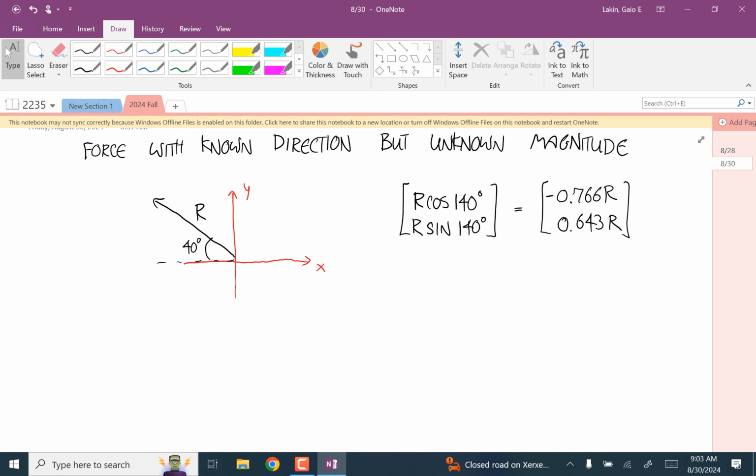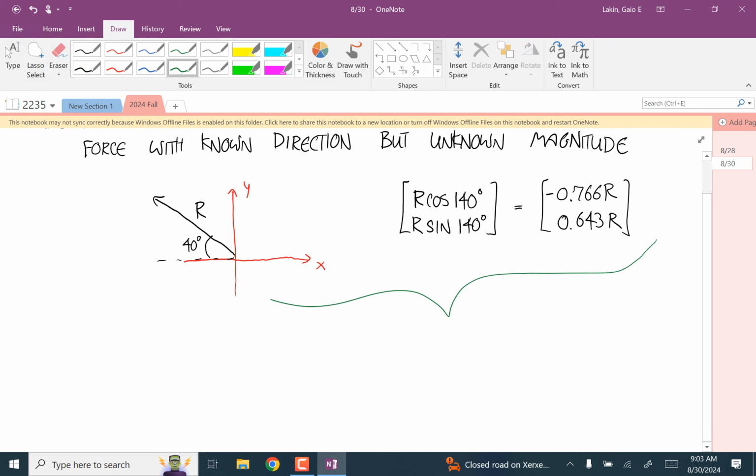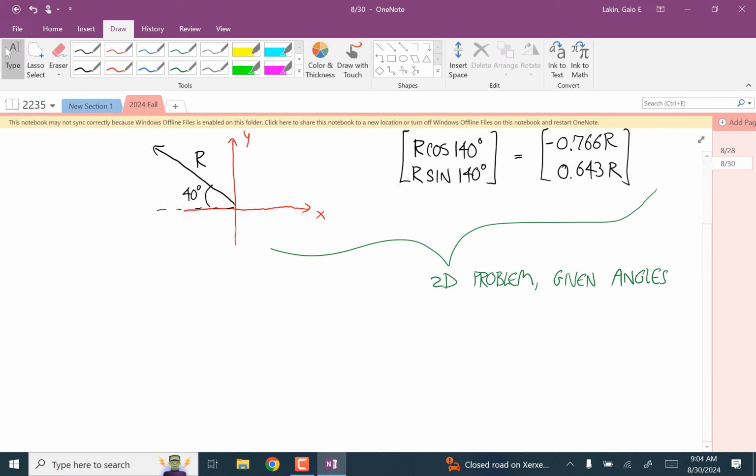Okay, so this is the way to do it for a 2D problem when you're given angles. What about a case where you're not given angles, you're just given reference points?